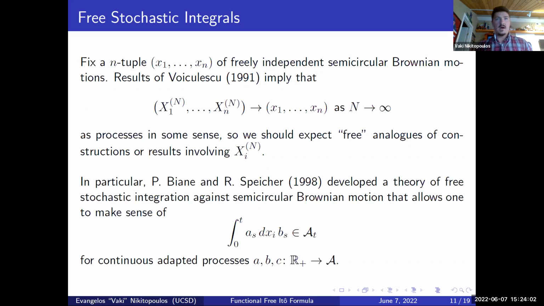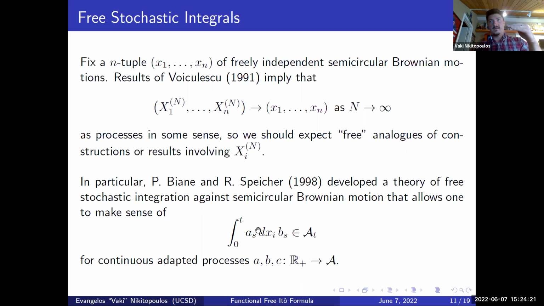So in particular, Philippe Biane and Roland Speicher in 1998 developed a theory of free stochastic integration against semicircular Brownian motion that allows one to make sense of these free stochastic integrals, for example, when A, B, and C are continuous adapted processes.